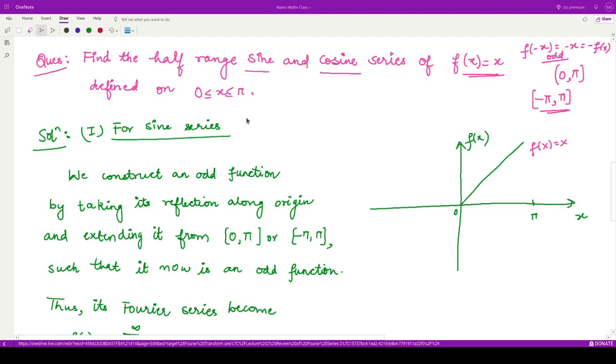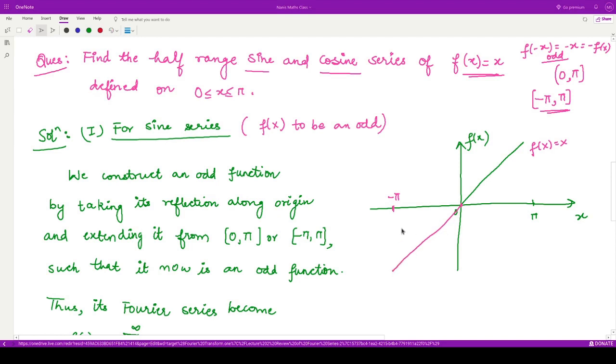For the sine series, we want our function to be an odd function. How is this an odd function? If we take the reflection of this particular function about the origin. So about the origin, suppose this is the point minus pi, if we take its reflection about the origin, your function would be something like this.